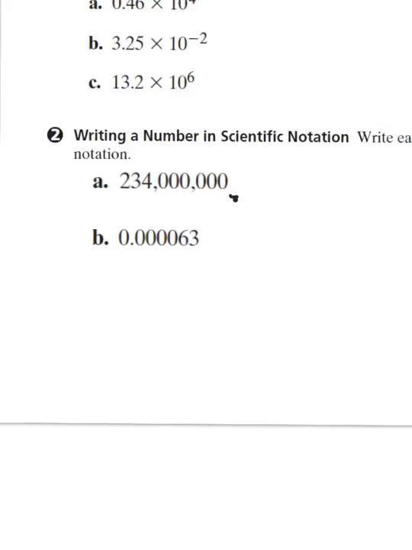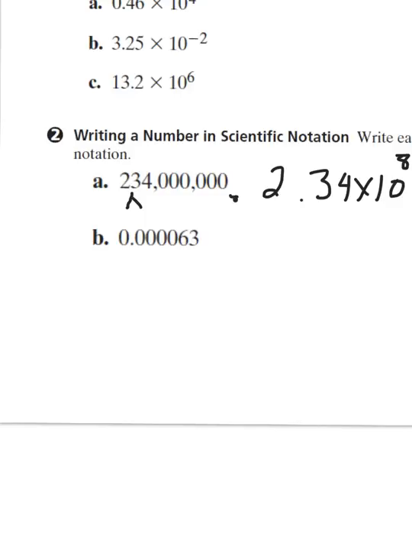So we want to place that decimal place between the 2 and the 3. Now we have to ask ourselves, how many spaces did I have to move that to get that decimal place where I want it between the 2 and the 3? If you count the spaces, you had to move it 1, 2, 3, 4, 5, 6, 7, 8. So that 8 then becomes our power of 10.